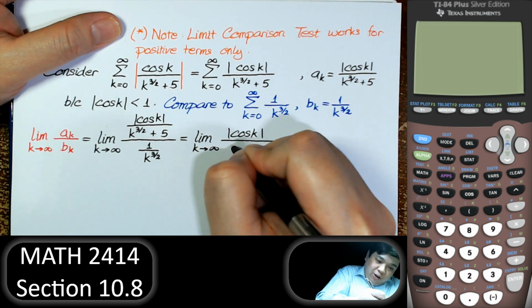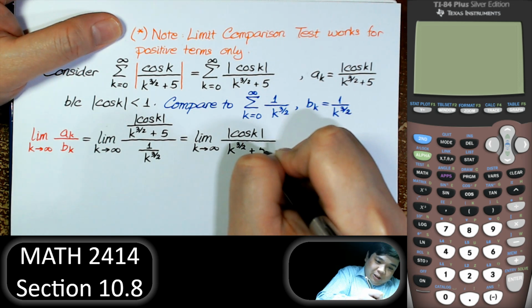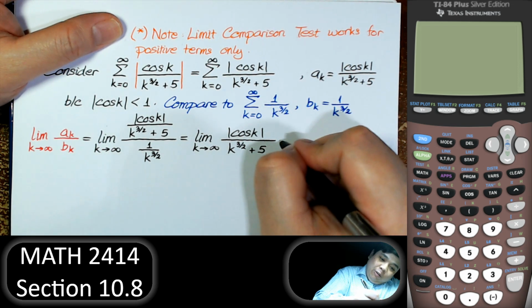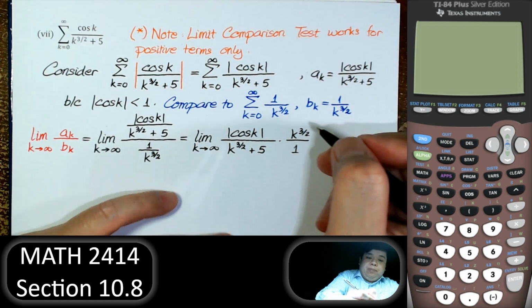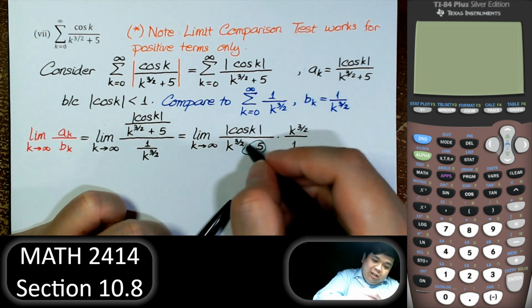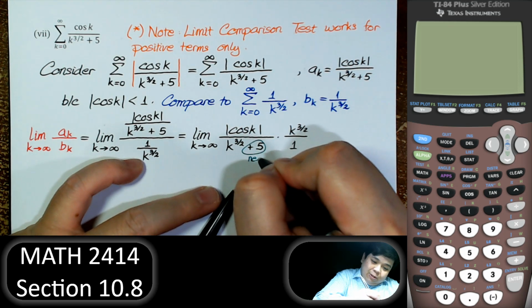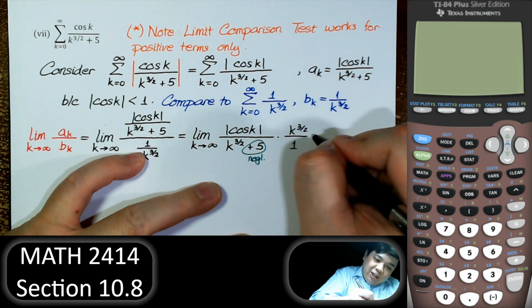This is not the best option for sure. Multiply by the reciprocal. And we ignore the 5. That's negligible, so we just ignore that.